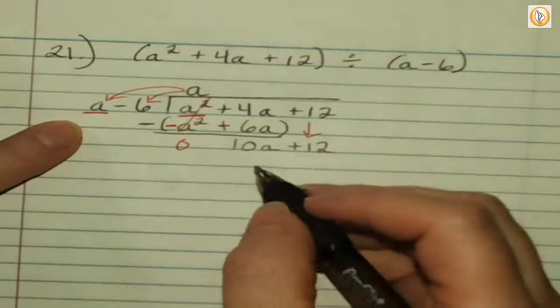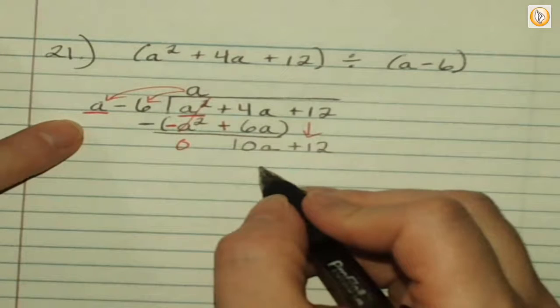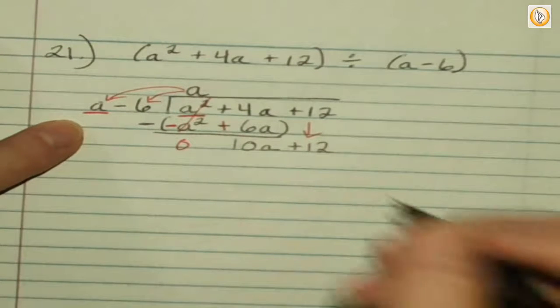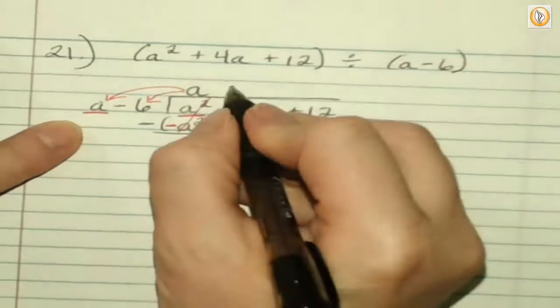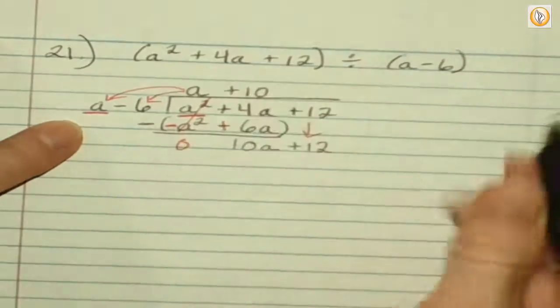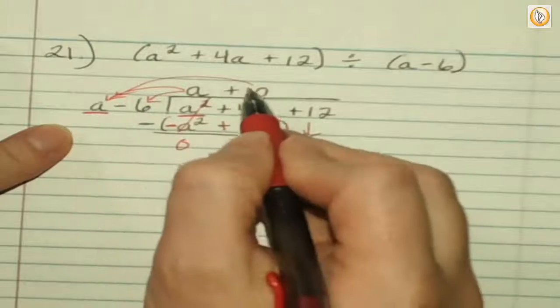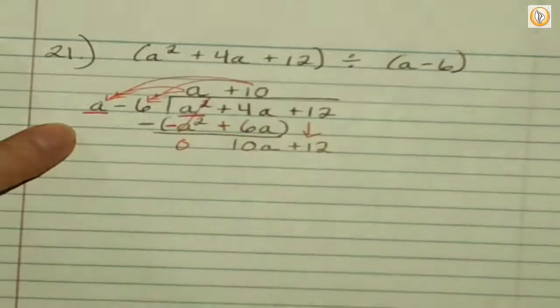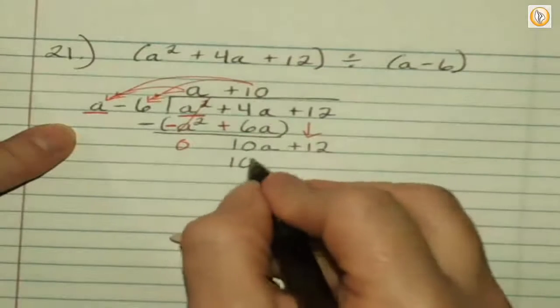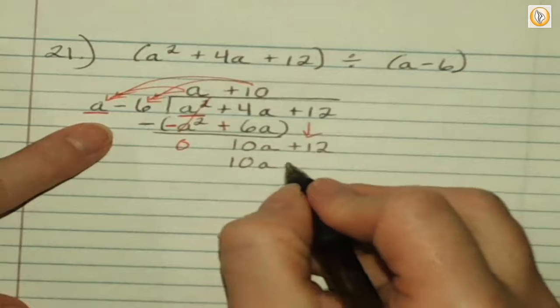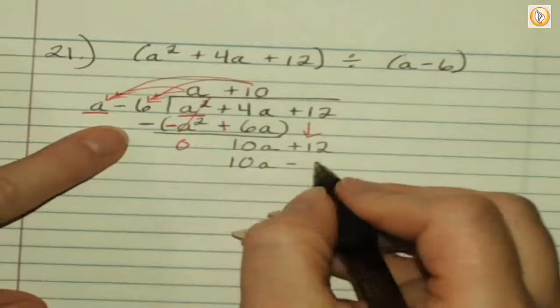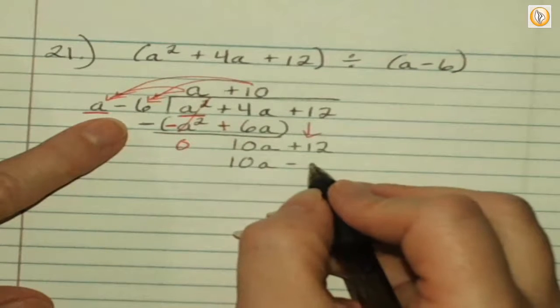How many times does a go into 10a? 10 times. All right, 10 times. Hope y'all are seeing this. So then I'm going to multiply the 10 by everything in here. And I get 10a minus what, Franz? 60.